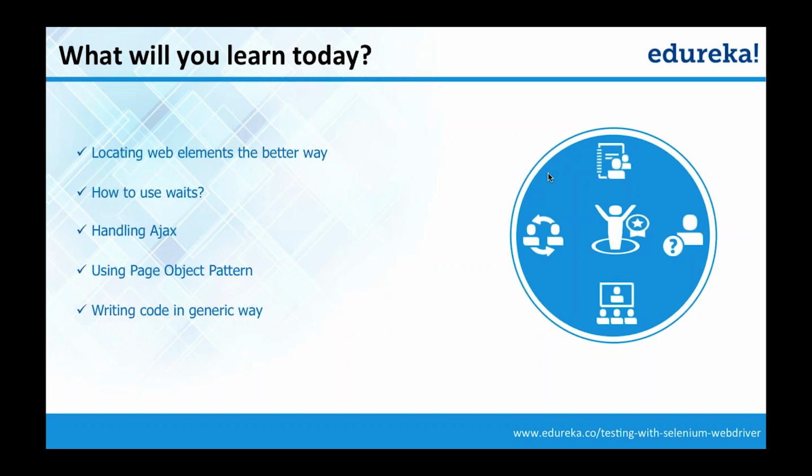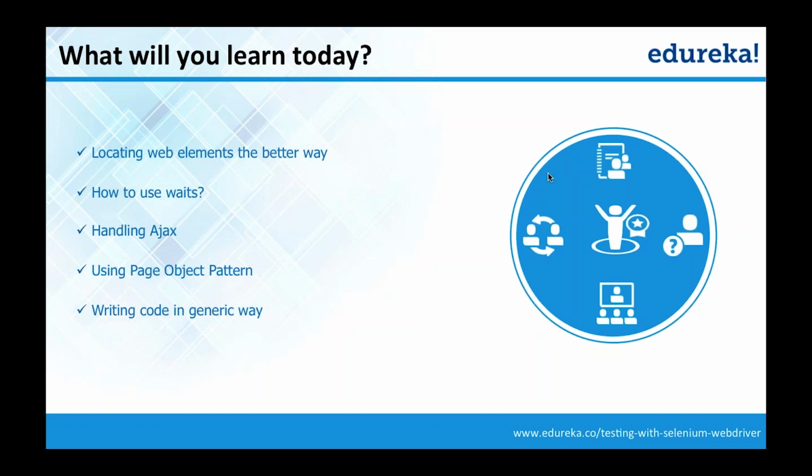The second important point that I'm going to discuss today is how exactly you can interact with the web elements in a better way. There are many tricks that we'll be discussing today, one after the other, so that you will come to know how exactly those tricks can be applied in the framework and when you write simple plain code as well. And how to handle Ajax based applications.